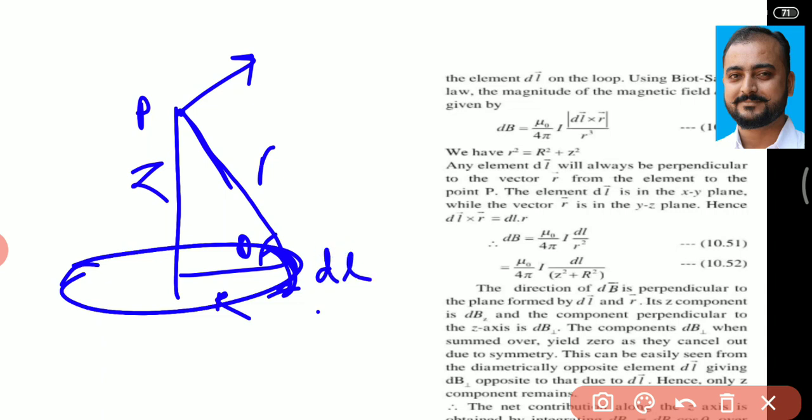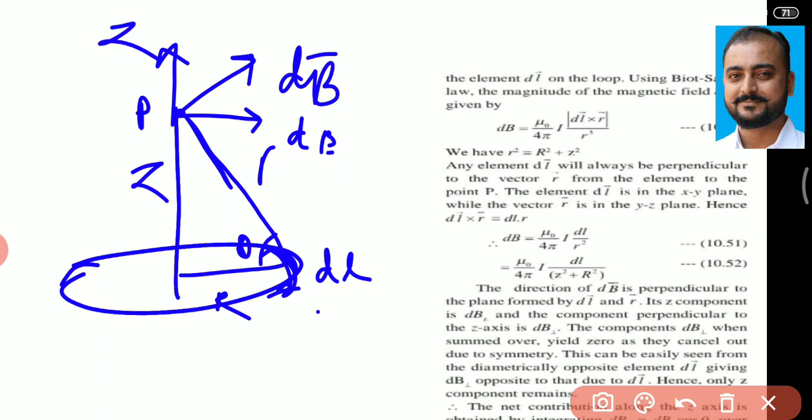If you resolve this dB into its components, one is perpendicular to the z axis, which I will write as dB perpendicular. You can see the diagram in your book.